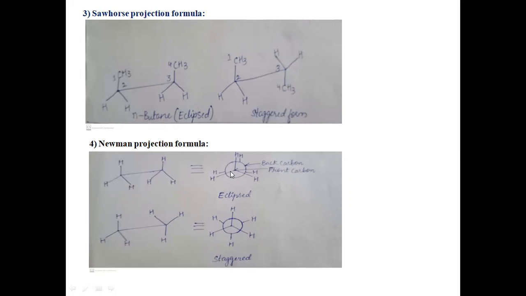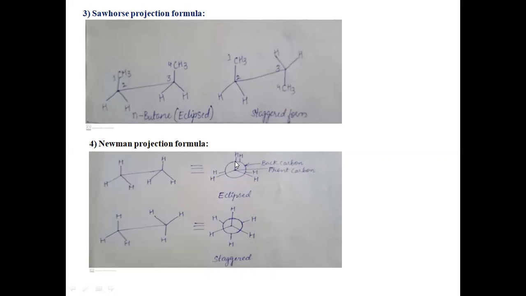It is shown by a point, and the three groups or atoms attached to it are shown by three lines. This nearer carbon atom is represented by a point, and the three bonds attached to this front carbon are represented by three lines.